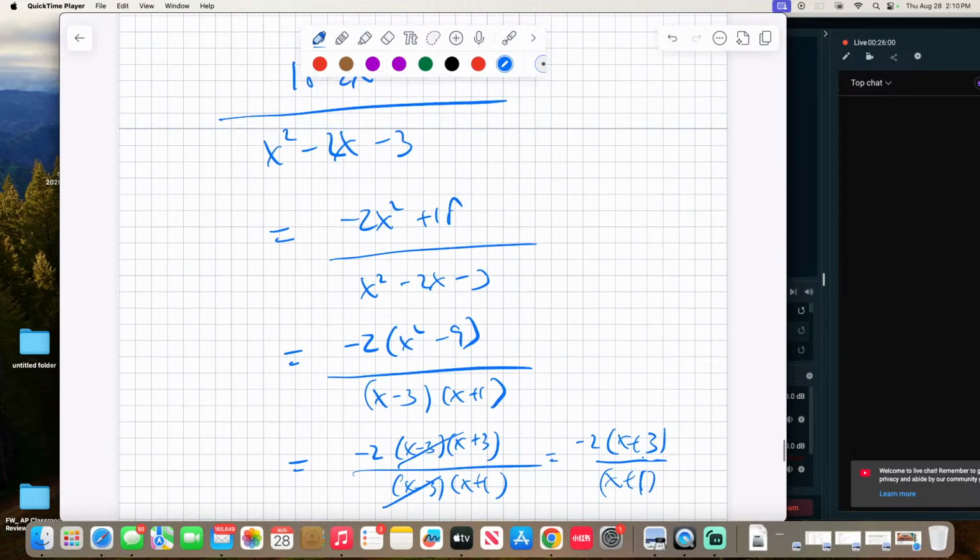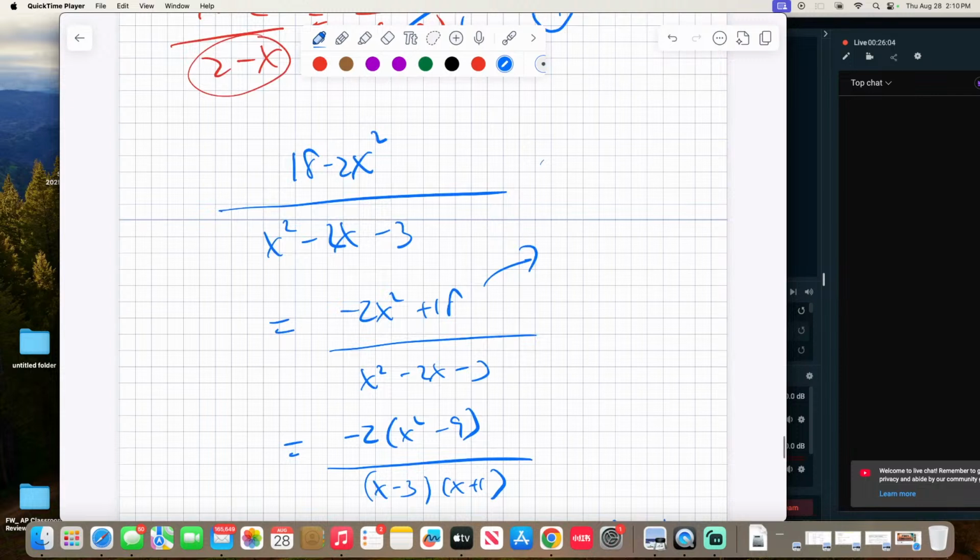Some people do it differently. They factor out a 2, and that's going to be 9 minus x squared, right? And then it's 2, and then 3 minus x, and then 3 plus x, and then factor out a -1 on this one.